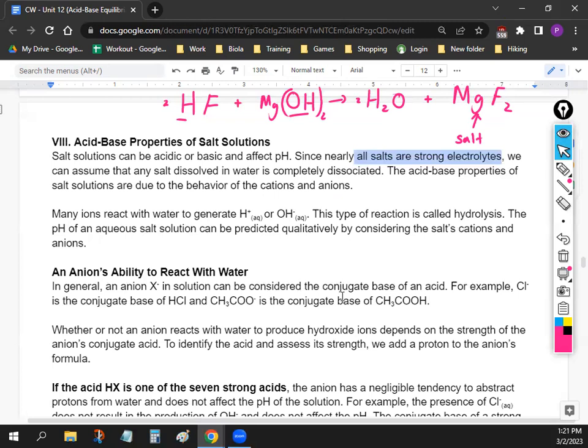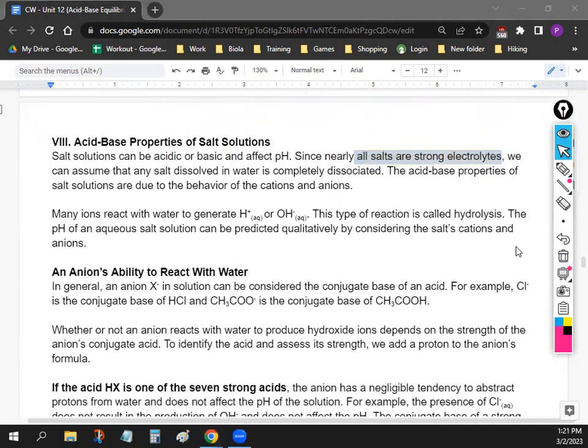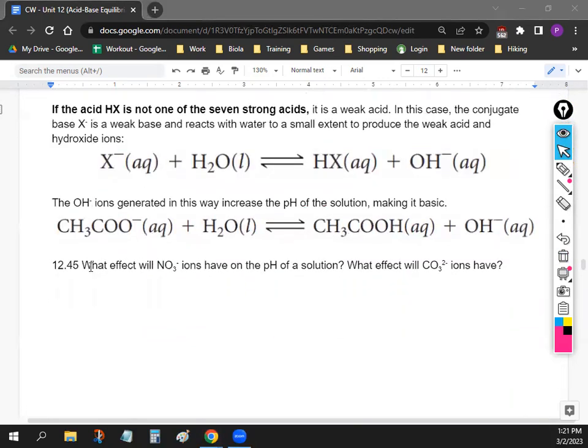Okay. So let's take a look at a problem just to kind of put that all together. So let's go over 12.45. We're going to be looking at the effect that NO3 ions will have on the pH of a solution. So let's take a look at NO3 minus.